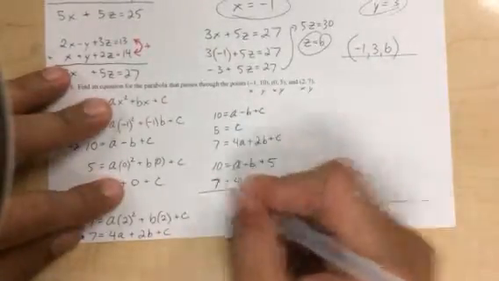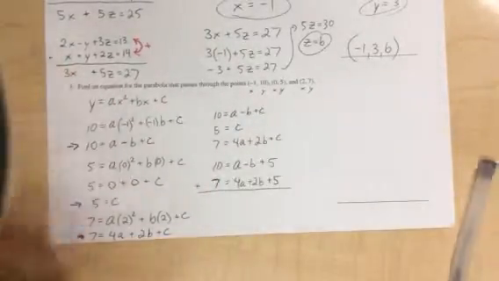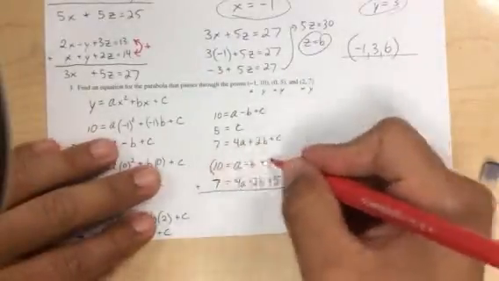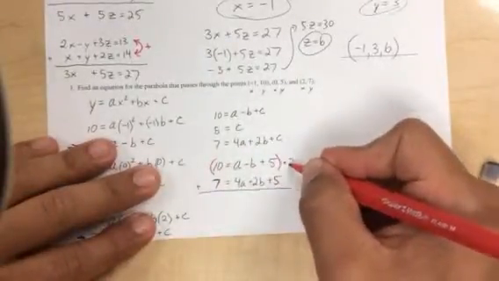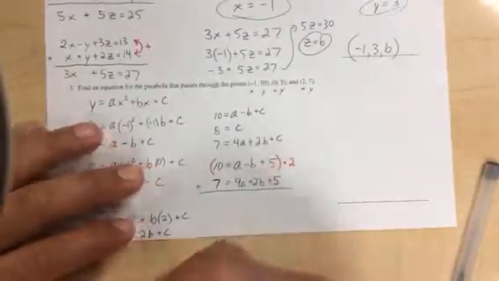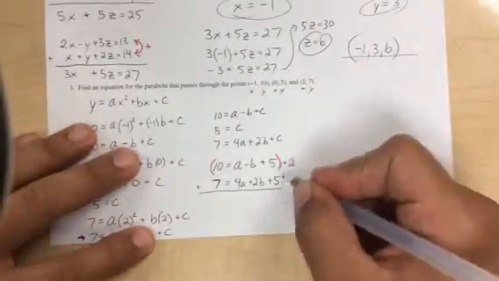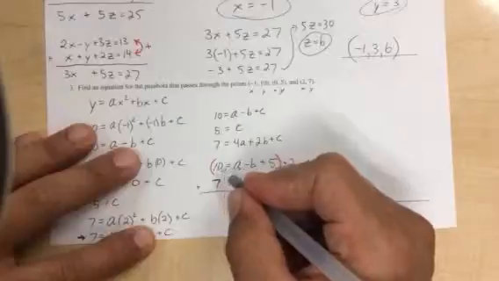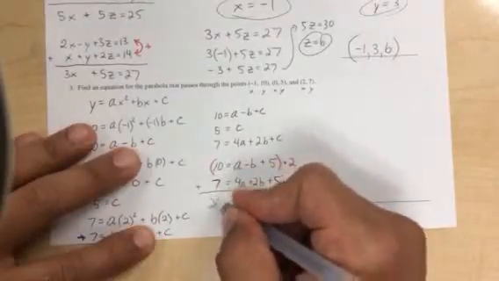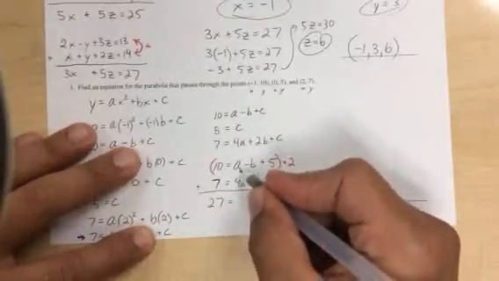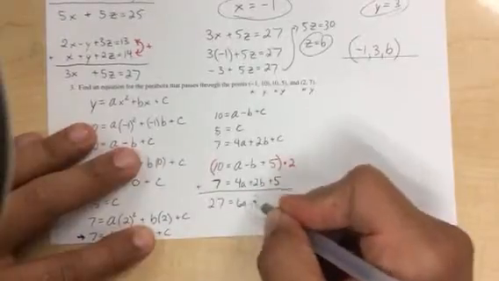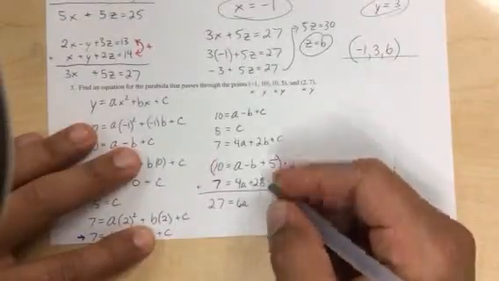So I'm going to be adding these two, but before I do that, I'm going to multiply this one by 2 so that the b's can eliminate. So when I do that, even the 5 gets affected by doing this, okay? So I'm going to have 20 plus 7, that's 27. 2a plus 4a, that's 6a. Negative 2b plus 2b, that's 0.